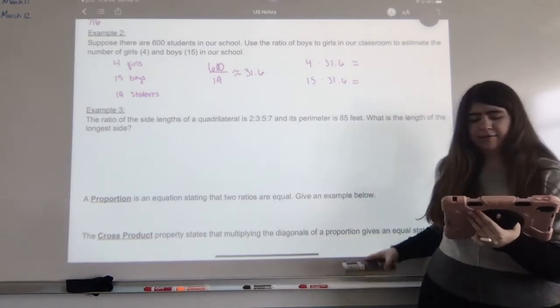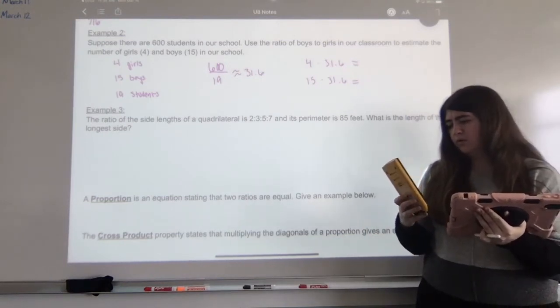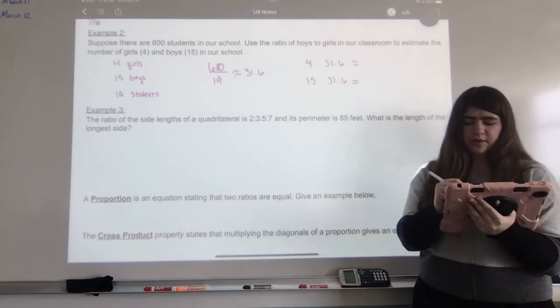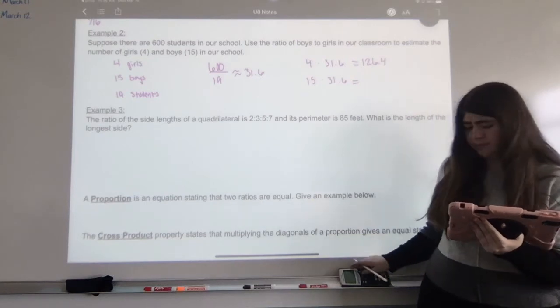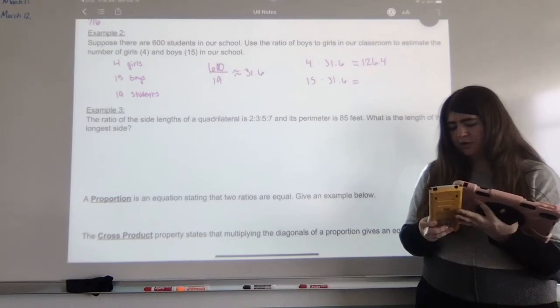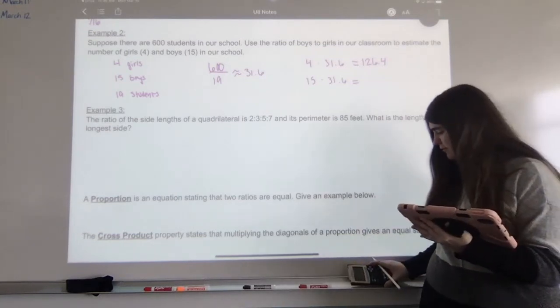So I have 4 times 31.6, which is, well, we have 126.4, which will take care of the decimal in a second. And then I have 15 times 31.6, which is 474.